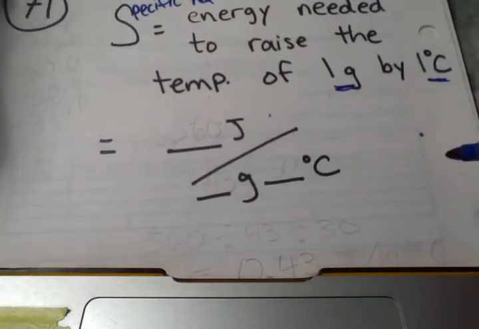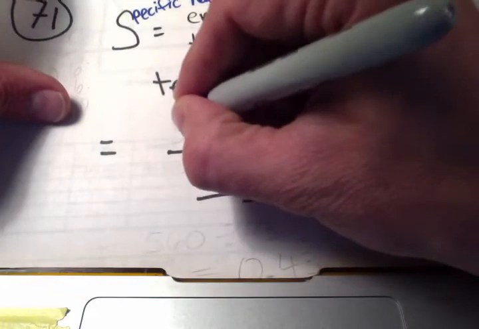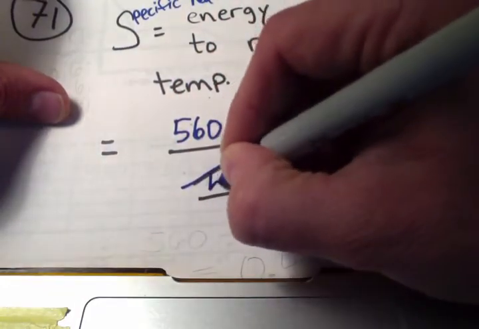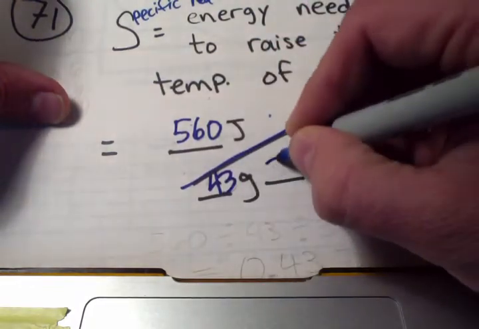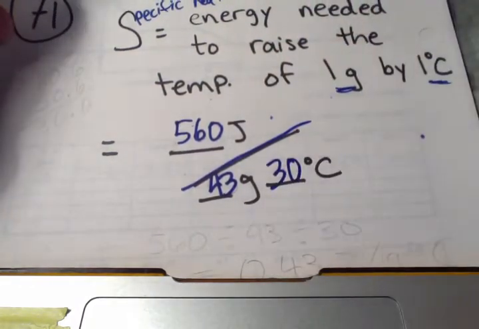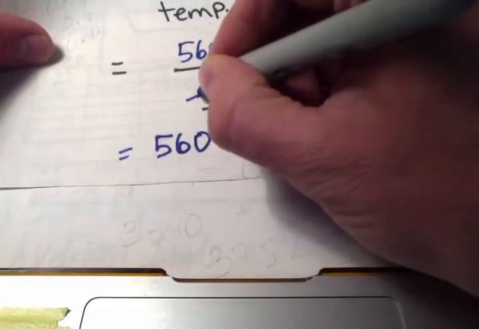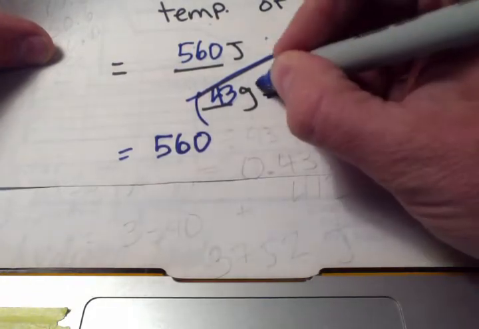So it's basically just reduce that ratio. Here's how much heat it takes to cook 43 grams by a factor of 30. All right, so be careful here. This is where I see this mistake, is that really should be parentheses.